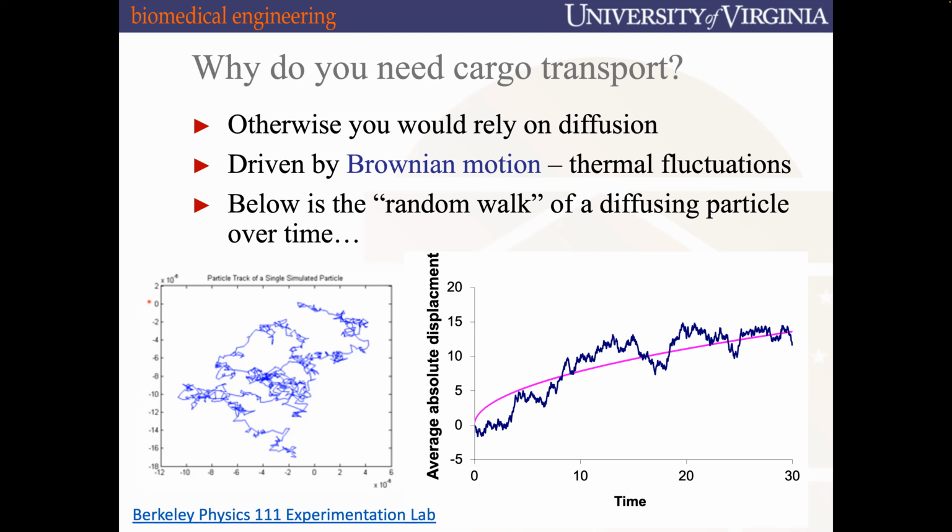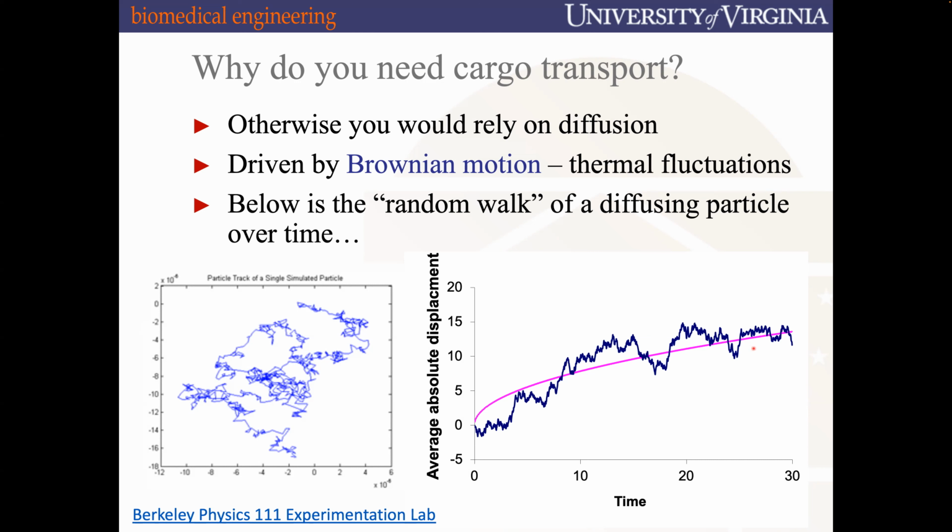If we were to quantify how far these particles can go, this figure on the right is a graph of this. It's plotting the average distance, or absolute displacement, in a positive direction: how far away are these particles moving from where they start? You can see it goes up and down, getting closer and further away.